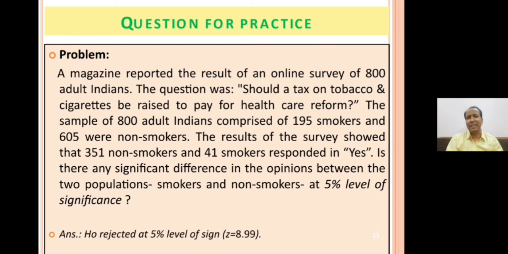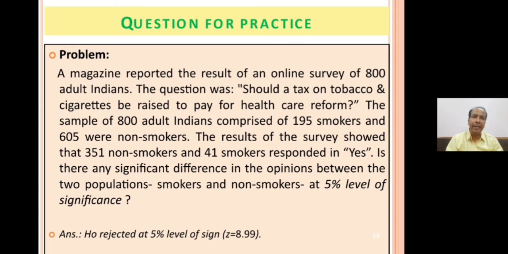Now learners, let's take another problem for practice. You will work it out at home. The problem goes like this, I'm again reading it slowly: a magazine reported the result of an online survey of 800 adult Indians. The question asked was, should a tax on tobacco and cigarettes be raised to pay for healthcare reforms?